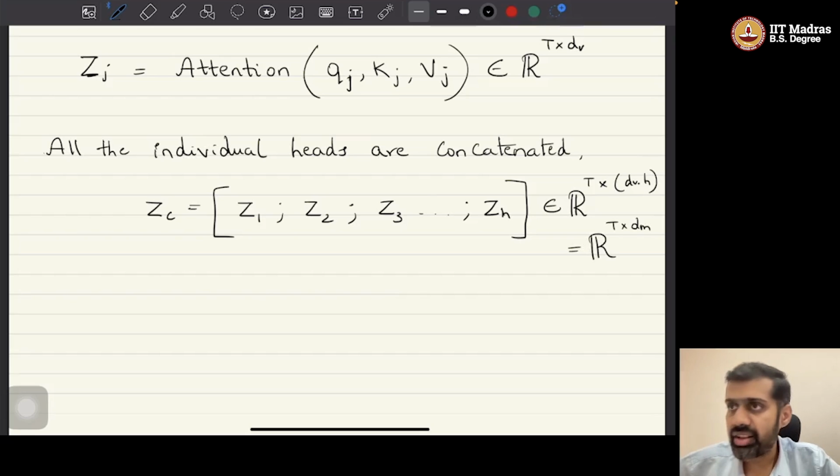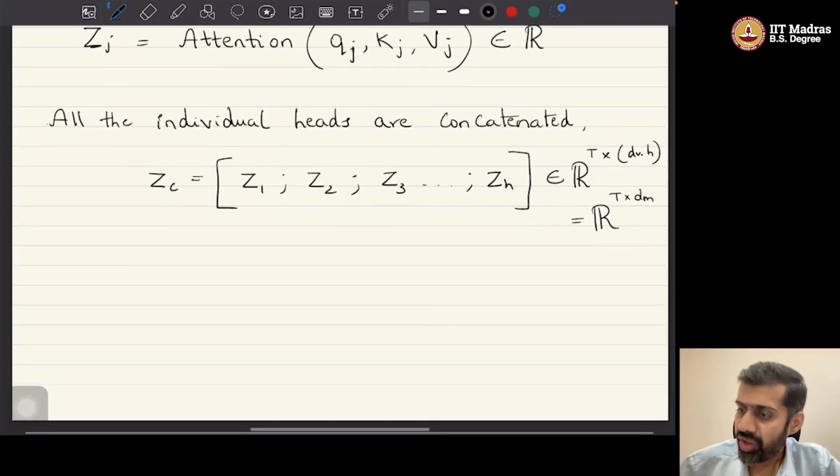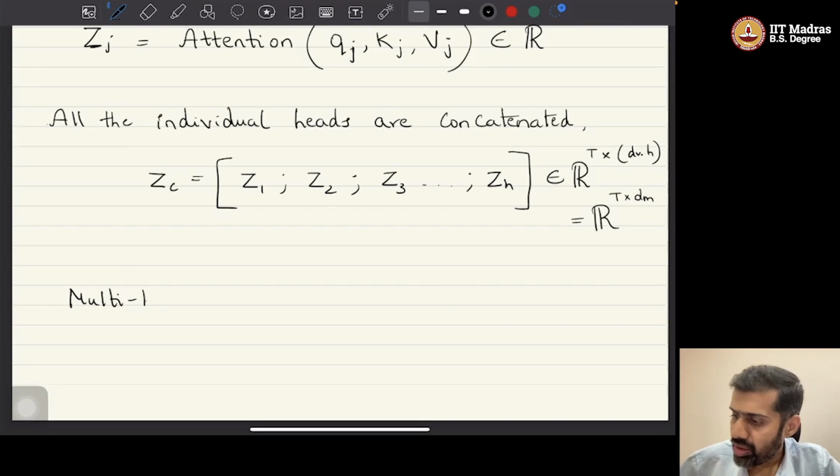So we get back T cross dm by doing this. Finally, what is done is the following. Once it is done, you define the multi-head attention over the x.